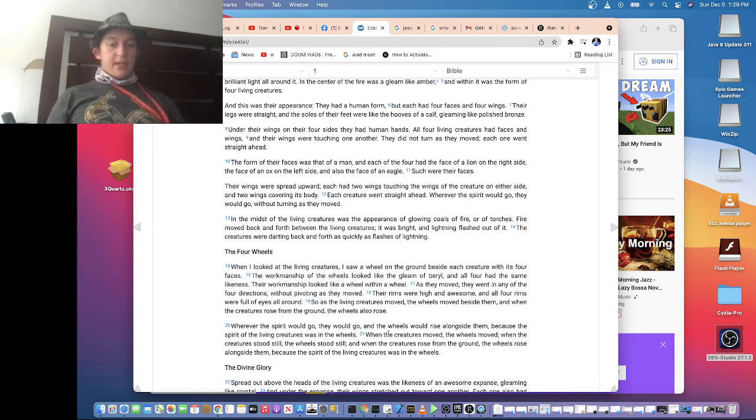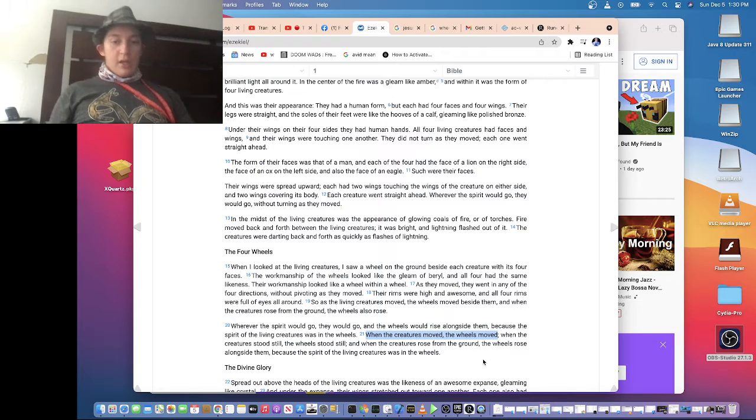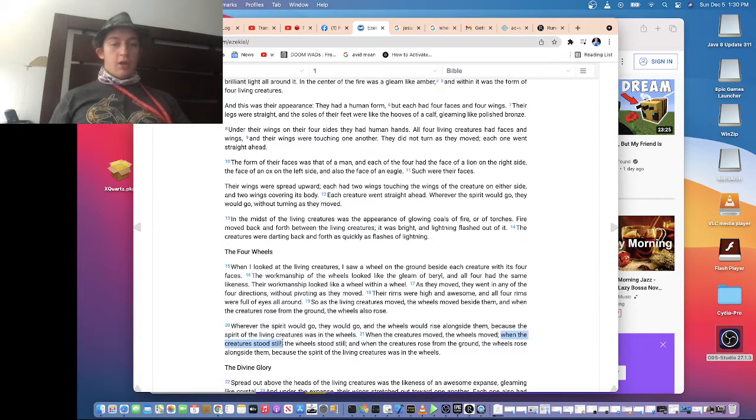So that means wherever the wheels were, the spirit of the vehicle, which is how the vehicle moved, was the people who drove it. And the reason it's talking like this is because when Ezekiel saw this, it was not fully understood what it was.